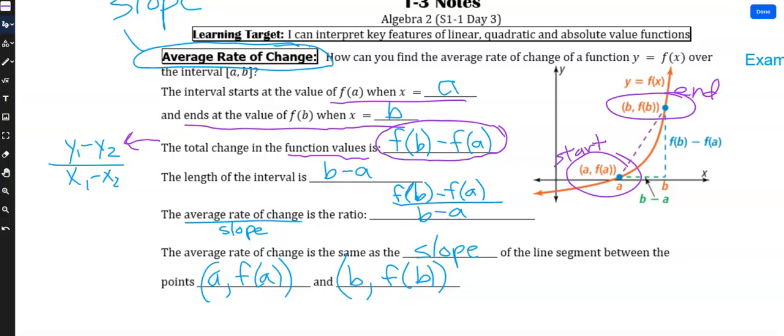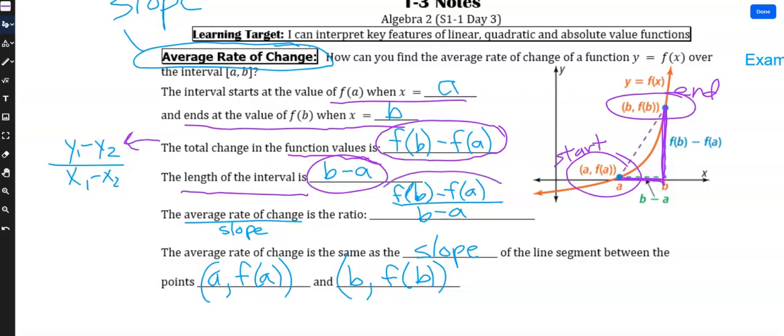And to be honest, like I just said, it doesn't matter whether you start with the starting one and then subtract the ending one, as long as you are consistent. And then, of course, the length of the interval, that's the x values on the bottom. So right here, they show me the difference in the y's. And right here, they show me the difference in the x's.